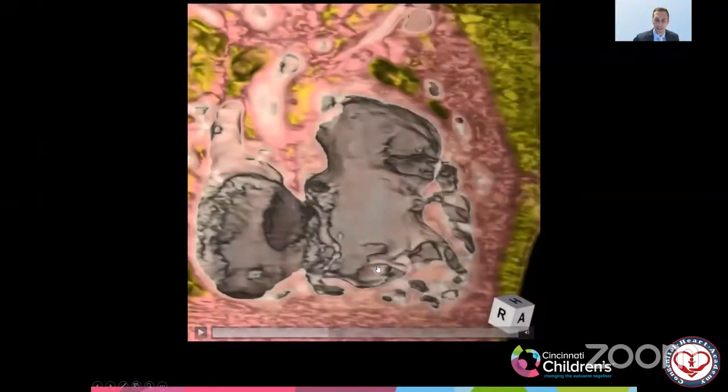But then looking at the anatomy of the right ventricle, we see the same tripartite nature. The inlet extending from the common AV junction down to the attachments of the chordal support and papillary muscle support of this common AV valve.